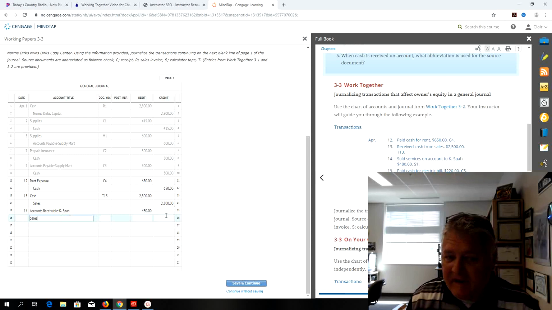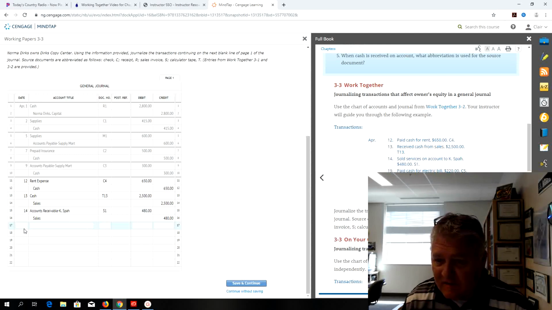I haven't received cash or a check yet from them, but it's still a sale. They just owe us money. So that's where the sales invoice, S1, comes in, and that's my source document. And that transaction is now journalized.